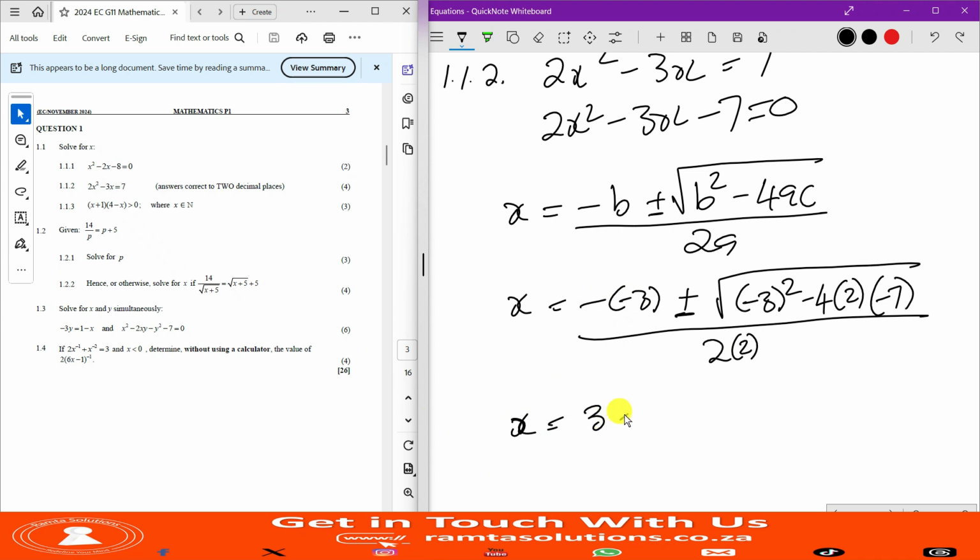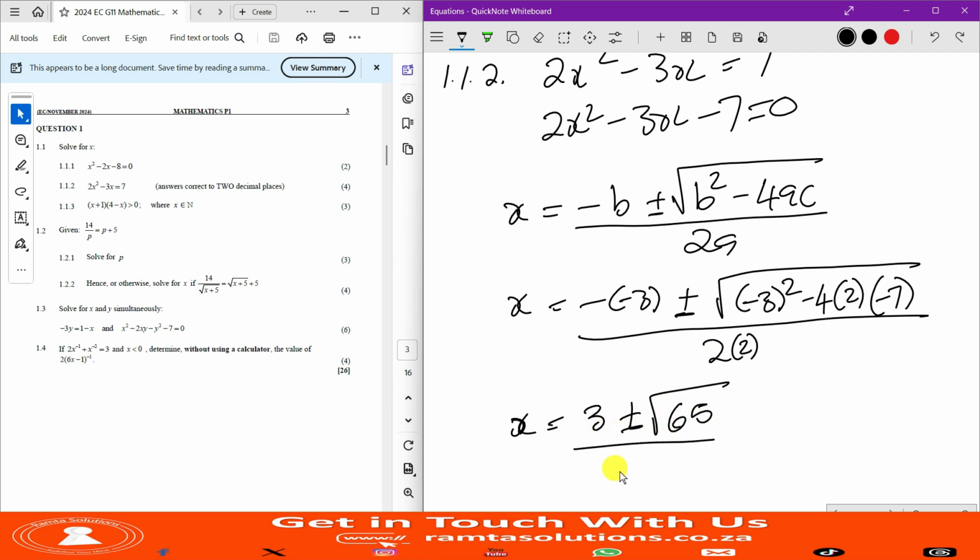So this is positive 3 plus minus the square root of 9 plus 4 times 2 is 8, 8 times 7 is 56. 56 plus 9 must be 65. So this is the square root of 65 over 4.